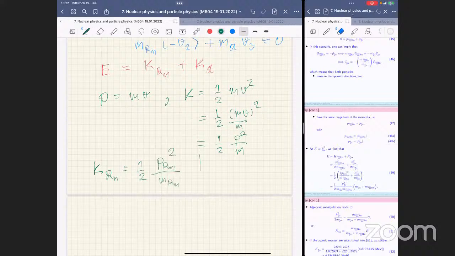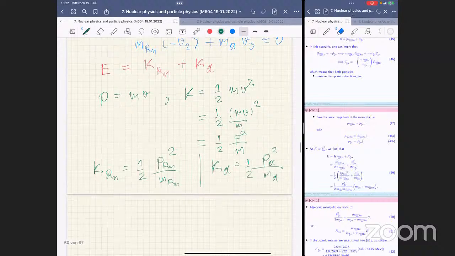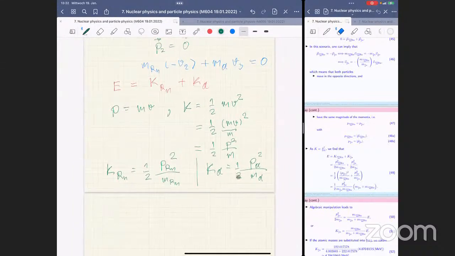In the same way, the kinetic energy of alpha will be 1/2 the momentum of the alpha squared divided by the mass of the alpha particle. You can leave it right here in this equation.